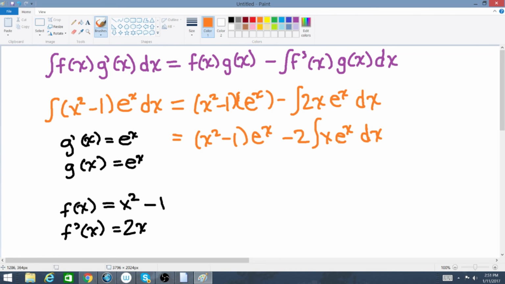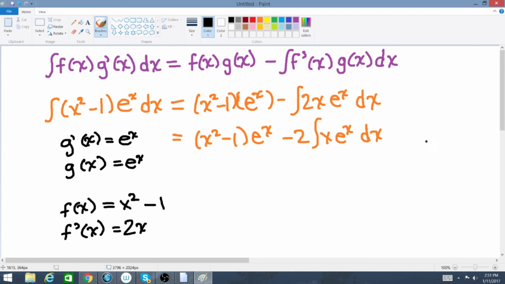Now, again, we have another integration by parts here, so we have to assign one of them to be f of x and the other one to be g prime of x. Again, f of x is the one that when derived becomes simpler. If we look at x, the derivative of x is just 1, which becomes simpler. So let's label that f of x. And for e to the x, if we find the antiderivative, it's still e to the x. It doesn't become any more complicated. So let's label that g prime of x.